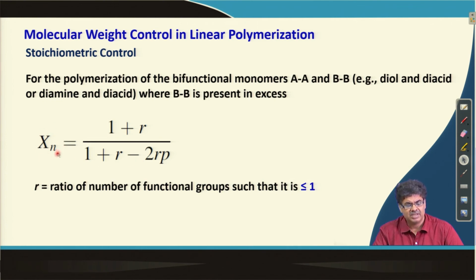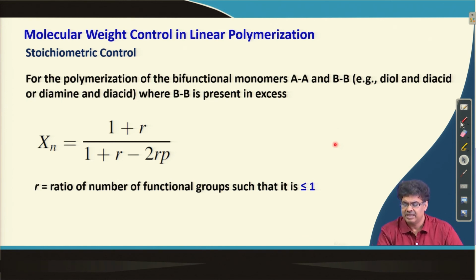The average degree of polymerization is given by (1 + R) / (1 + R - 2Rp), where R is the ratio of the functional groups, defined such that it is always less than 1. The functional group present in excess will be in the denominator.